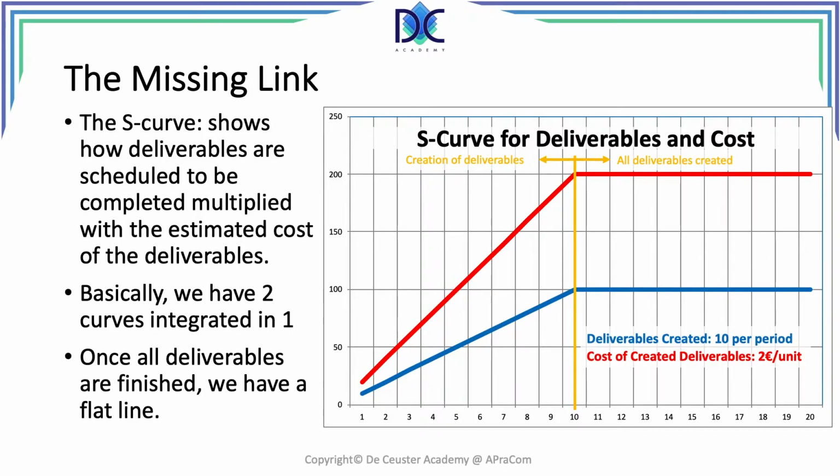That line contains those two pieces of information in one curve. The red line at this moment tells us how many deliverables we are creating, at what cost, and what is the cost over time.